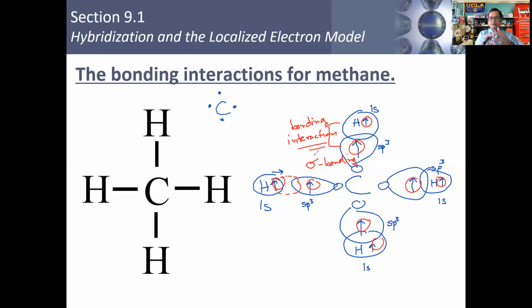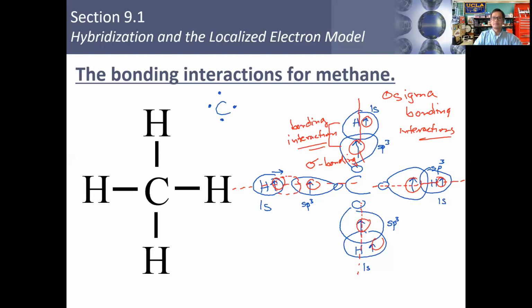The sigma bond is simply the way that the orbitals overlap, the way that they interact with one another, and it's basically one in which you can draw a line right through and the orbitals fall within a line. So this sigma bonding interaction is a way in which the orbitals interact with one another. We're going to see in just a moment that there are 2 types of interactions, one being sigma bonding and another being pi bonding, and we'll talk about that in just a moment.